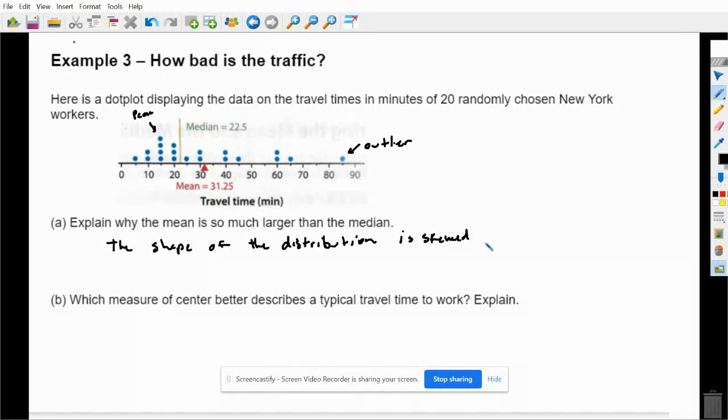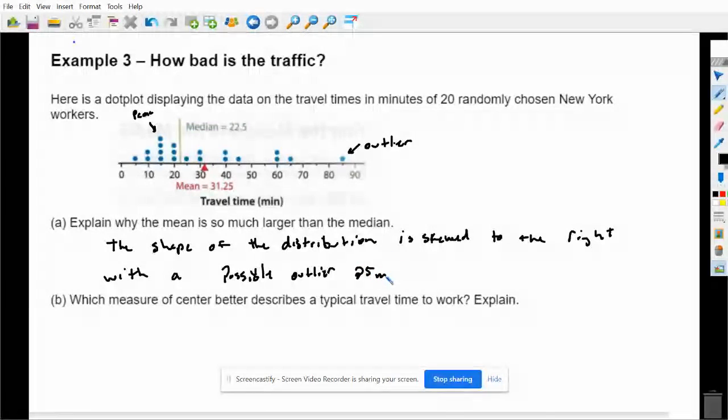You could say strongly skewed as well. Skewed to the right with a possible outlier. And we're going to label that possible outlier of 85 minutes.